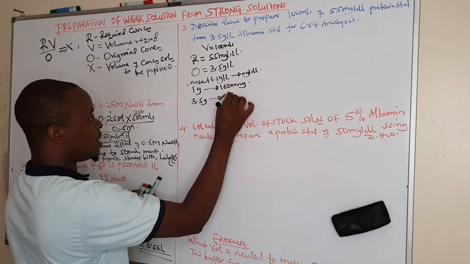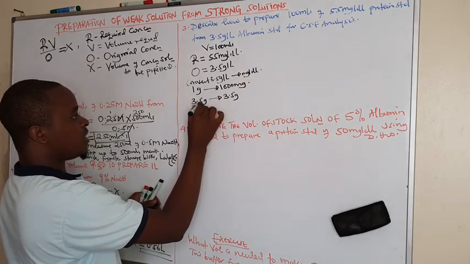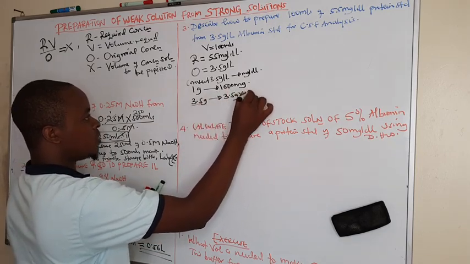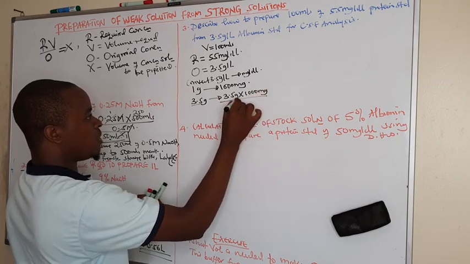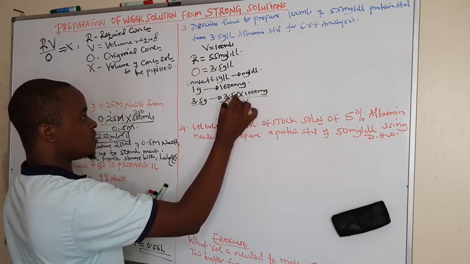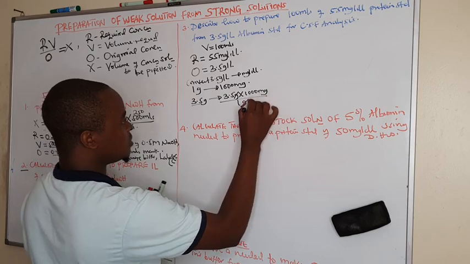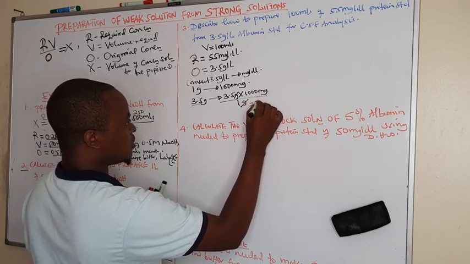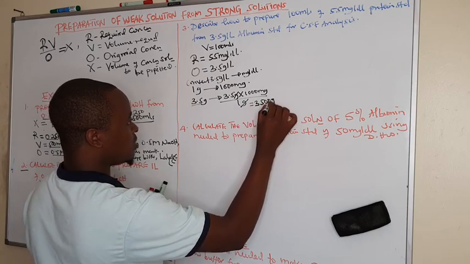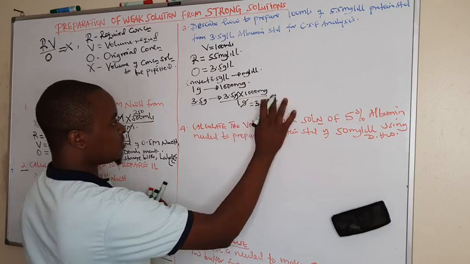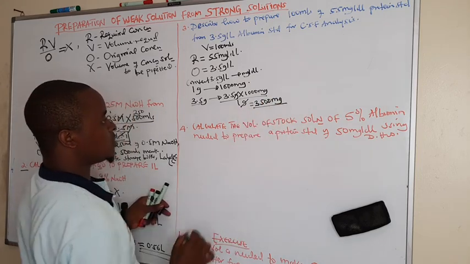We cross multiply, whereby it is going to be 3.5 times 1,000 milligrams. Then you divide by 1 gram. Gram goes with gram, and we end up getting 3,500 milligrams.